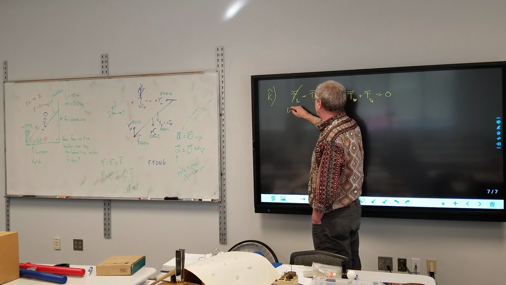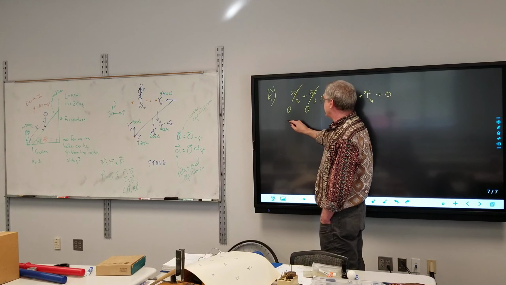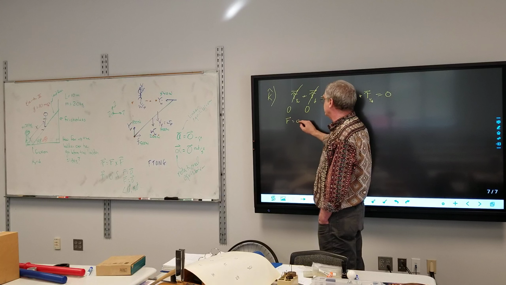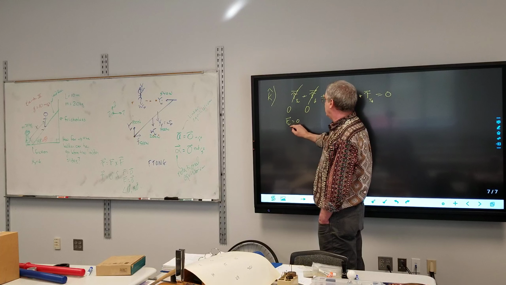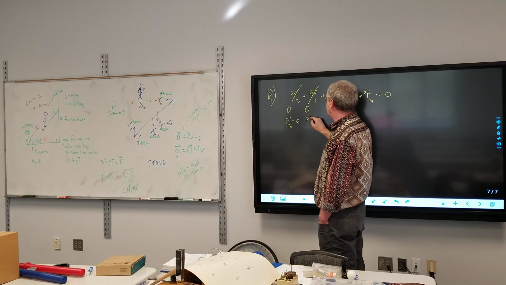I know that's 0 and that's 0, because in both cases R equals 0. R for Y sub V is 0, and R for F is 0.